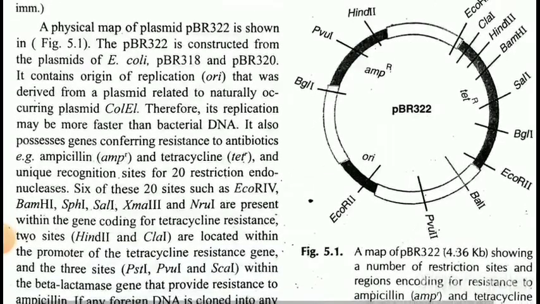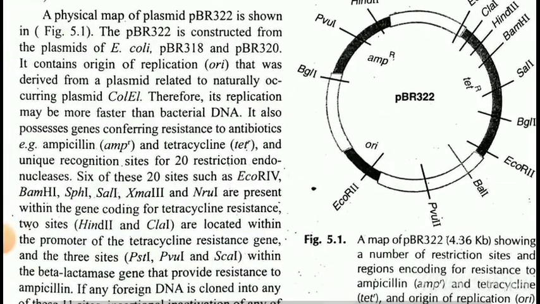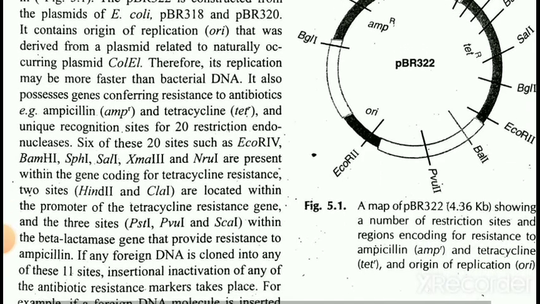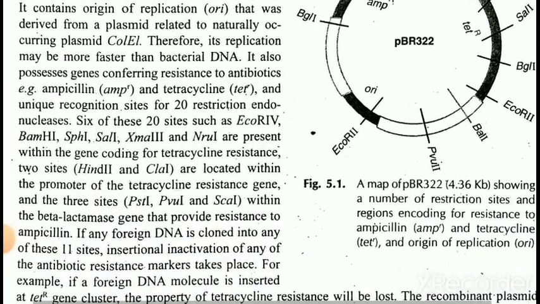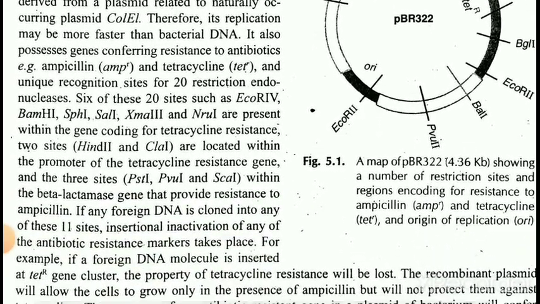If any foreign DNA is cloned into any of these 11 sites, insertional inactivation of the antibiotic resistance marker takes place. For example, if a foreign DNA molecule is inserted at the TET gene cluster, the property of tetracycline resistance will be lost. The recombinant plasmid will allow the cells to grow only in the presence of ampicillin but will not protect them against tetracycline.